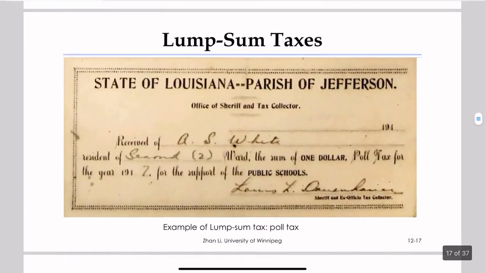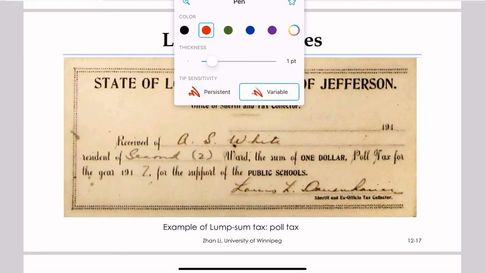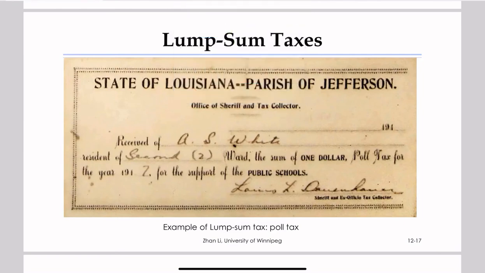So what's an example of a lump sum tax? I basically got this picture using Google search. So you can see that this is a poll tax.